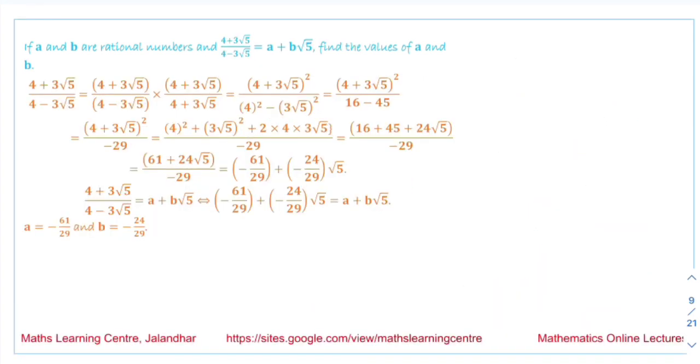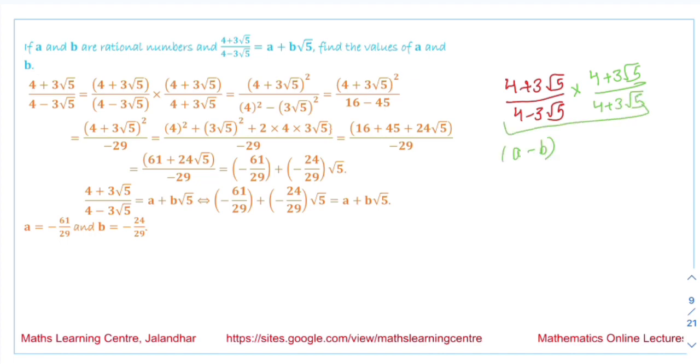Now next we have a similar type of question that you can try on your own. I will just give you the hint that it is (4 plus 3 root 5) over (4 minus 3 root 5). When you have to rationalize this term, you can write (4 plus 3 root 5) over (4 plus 3 root 5). In the denominator, it is (a minus b) into (a plus b), and the formula is a squared minus b squared.